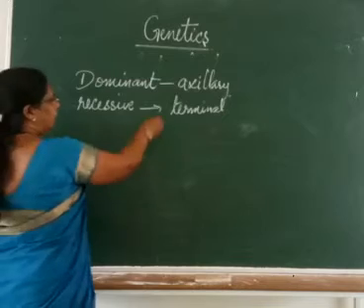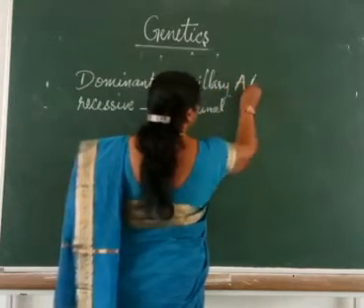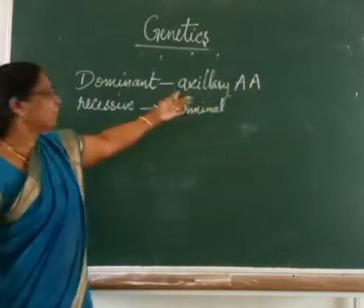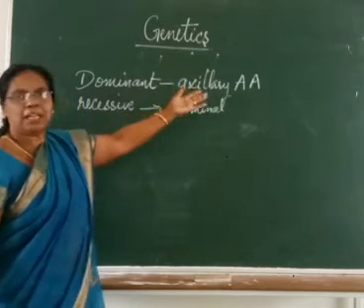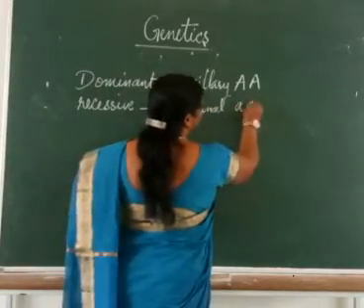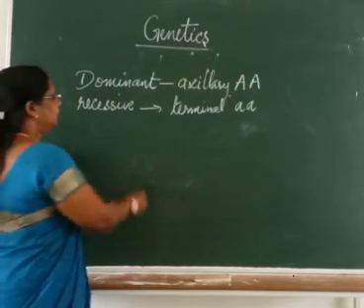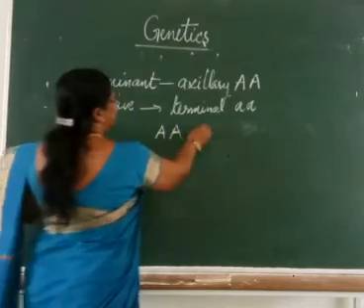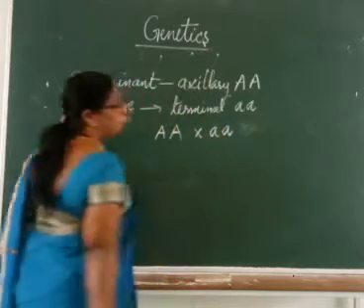Axillary we show with capital A, capital A. You can take any symbol; as axillary starts with A, I took the symbol AA. For terminal, we take small a, small a. Here the dominant capital A crosses with the recessive small a.